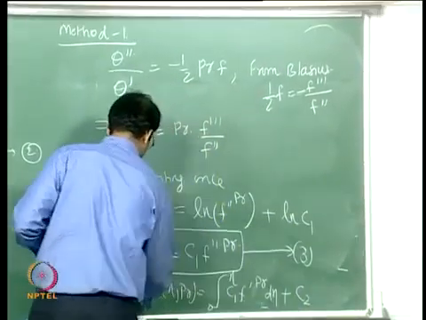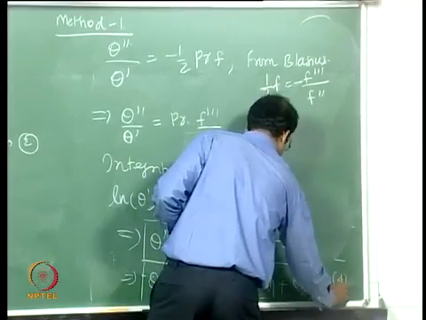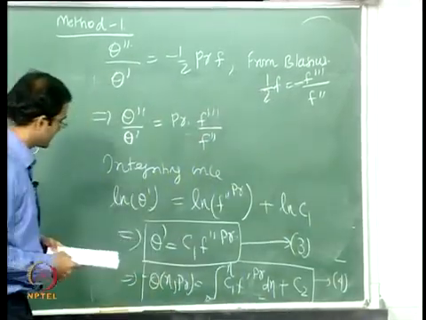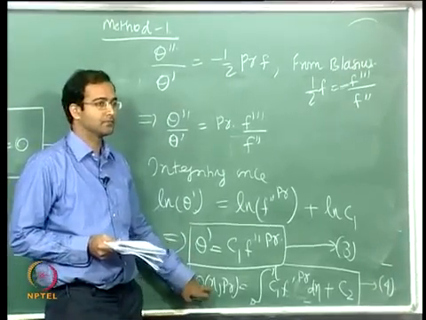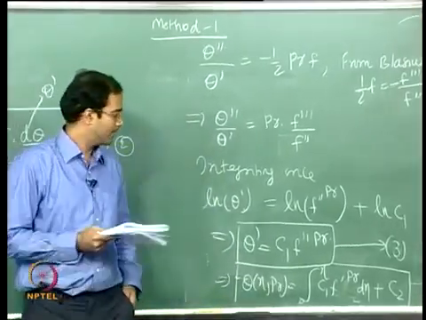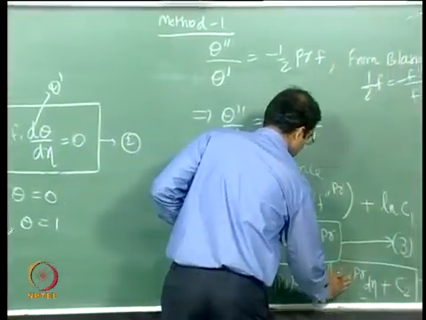So this is my final solution for theta. I integrate once, I integrate it twice. So this is f double prime here, if you don't see it.